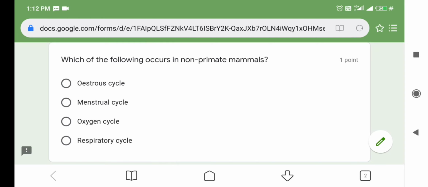These cyclic changes in non-primate mammals like cows, sheep, rats, deer, dogs, tigers, etc. are termed the estrous cycle. In primates, that is monkeys, apes and humans, this very same process is called the menstrual cycle. So here the answer is estrous cycle.